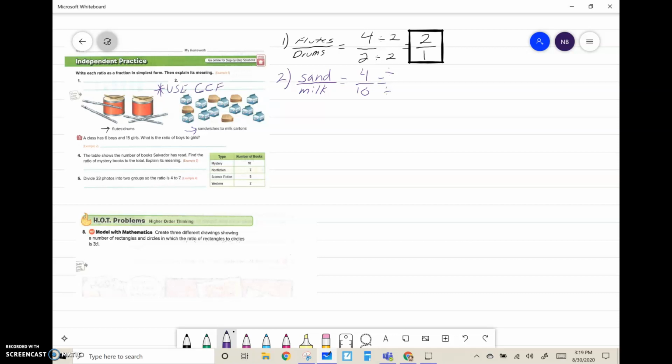So I'm going to do 4 divided by 2 and 10 divided by 2 because that's their GCF. And we end up with 2 over 5. And that is our simplified fraction.